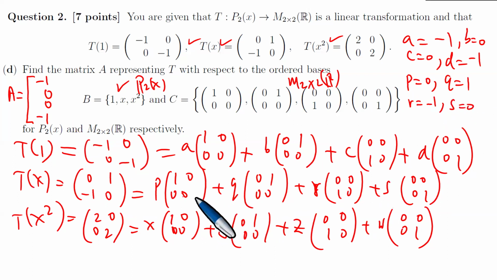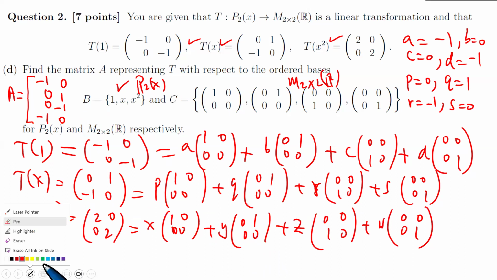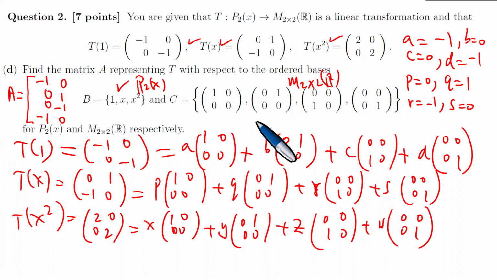So now we take these and put them in order here, because we compare with this side. The P, Q, R, S are going to form a column here. P is 0, Q is 1, R is -1, S is 0. Just like that.